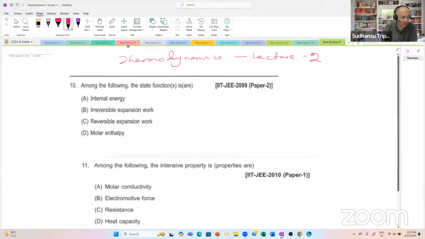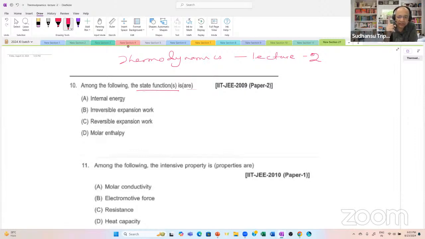Here is a question by one of our students, Rudra, to further elaborate on the state functions and intensive and extensive property. I told you those functions which are called state variables or state functions are path independent. So this is a question set in 2009 in IIT JEE asking which of these is a state function, that means it is independent of the path.